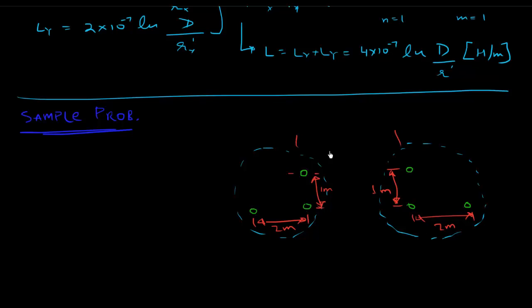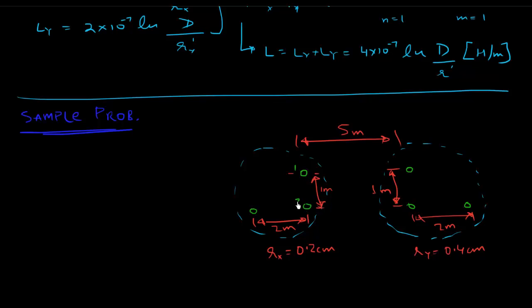Let the distance between strands 1 and 1 prime be 5 meters. Let the radius of each of the strands here be equal to 0.2 centimeters. And then the radius of the strands here, let that be 0.4 centimeters. Let me just tag these strands.